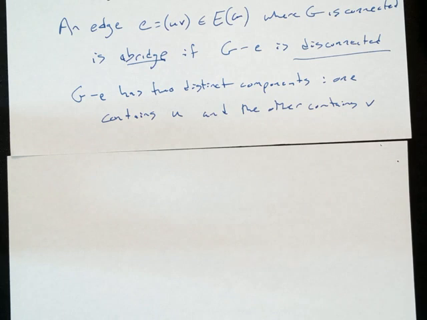By the way, if I start with a disconnected graph, then I can talk about bridges in each component. You have a bridge in one component, a bridge in another component. But a bridge is something that increases the number of components when you take it away.